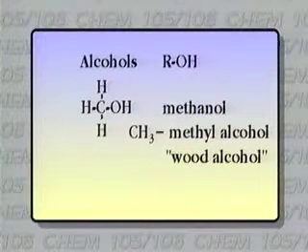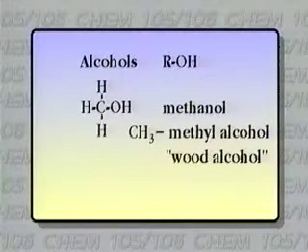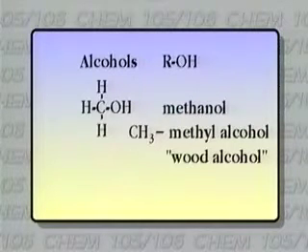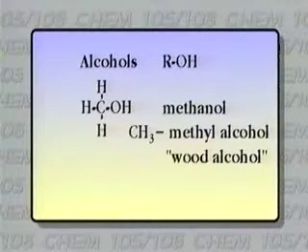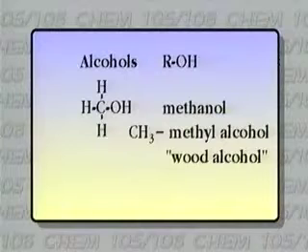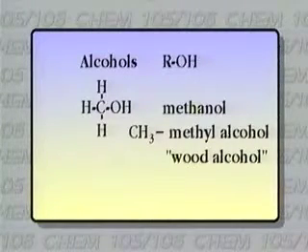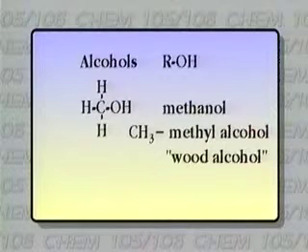And the OL ending is from alcohol. So we started with methane, the CH4. When we take off the one hydrogen and put on the OH group, then it becomes known as methanol.